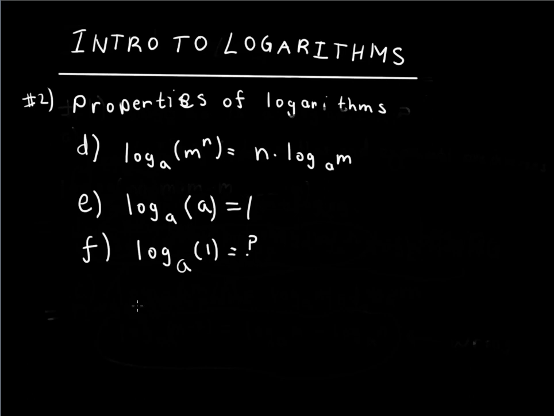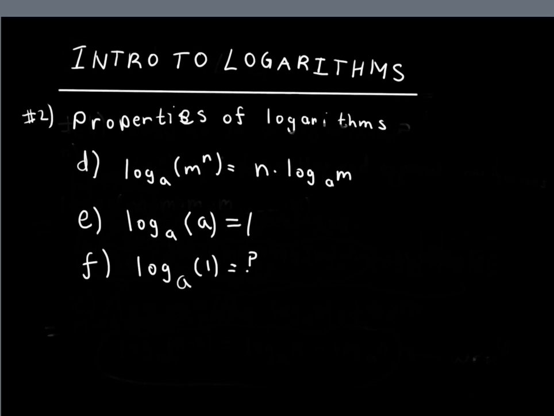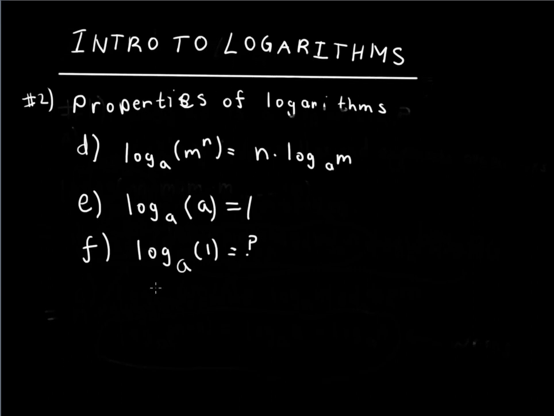So what you would do here is put this into exponent form. The argument stays where it is, and then you move the base to the base of the exponent, and we have a value. We'll call it n. So let's say n is the value of what we're trying to find. So 1 equals a to the power n.